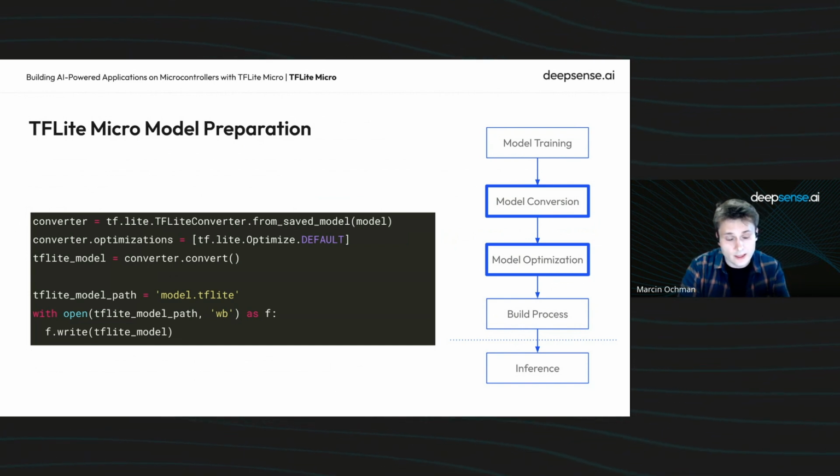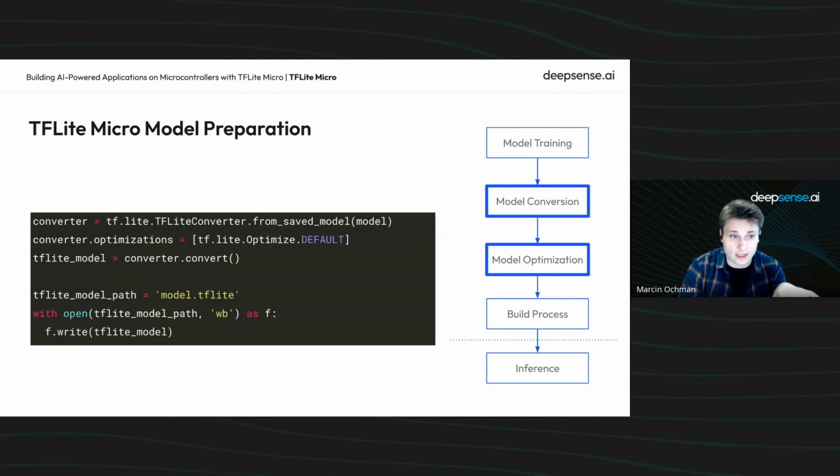So now let's take a closer look at the process of converting and optimizing a machine learning model for microcontroller deployment. The code snippet here demonstrates how to use TensorFlow Lite to convert a TensorFlow model into a lightweight format, which is suitable for edge devices. The process begins with the initialization of the TensorFlow Lite converter.